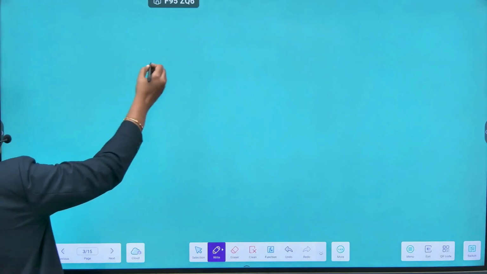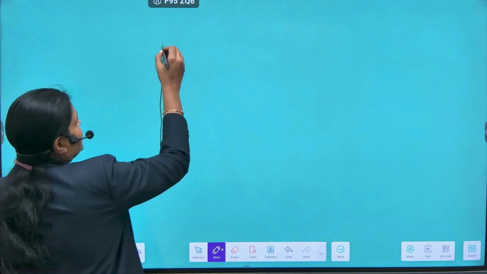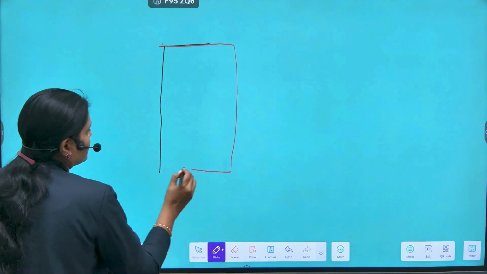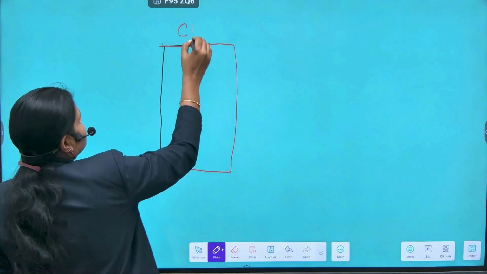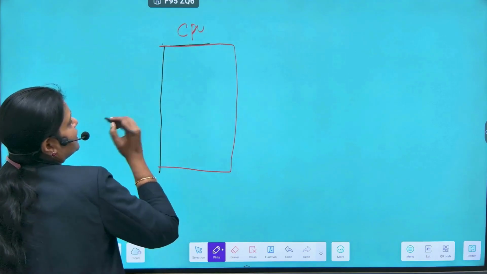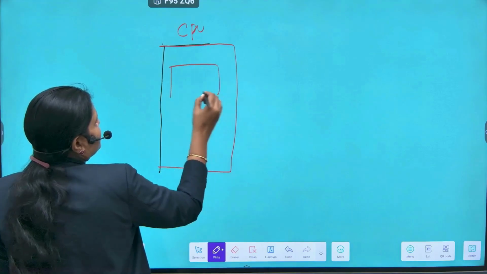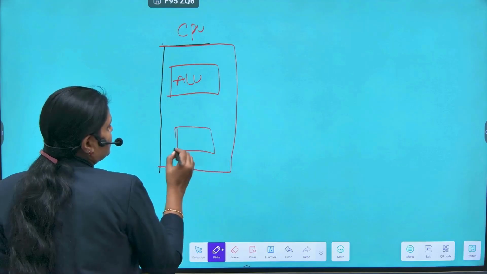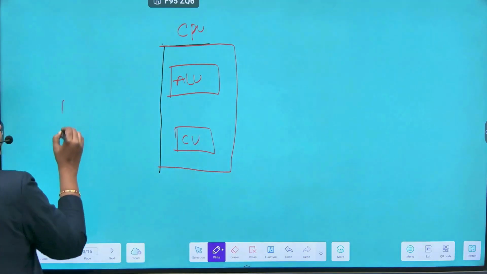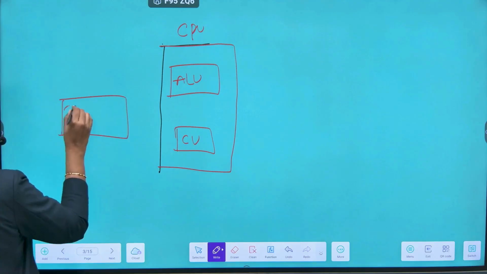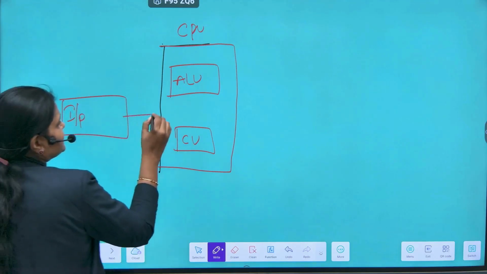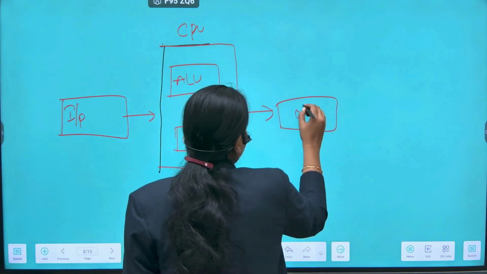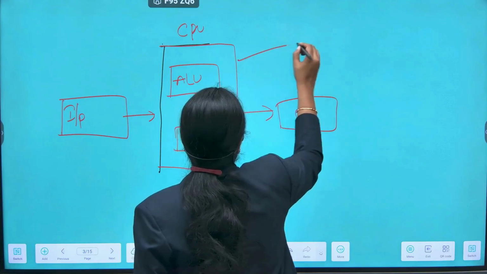So this is the CPU. In the CPU we have the ALU, that is the arithmetic logical unit, and the control unit. And we have input devices and output devices. There is memory also.